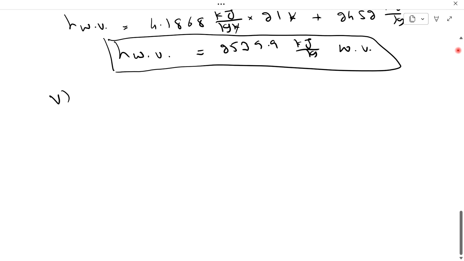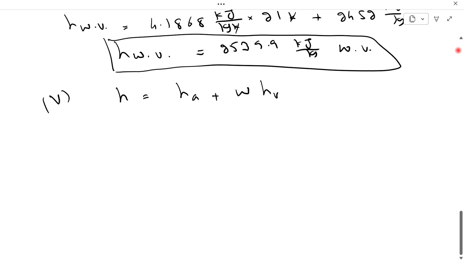Now part number 5 is the specific enthalpy of air per kilogram of dry air. So specific enthalpy is equal to specific enthalpy of air plus specific humidity times specific enthalpy of vapor.